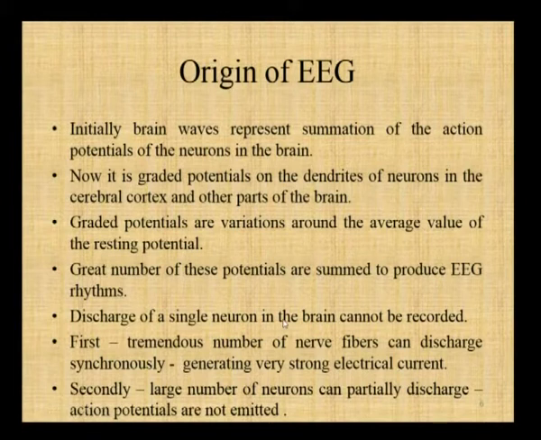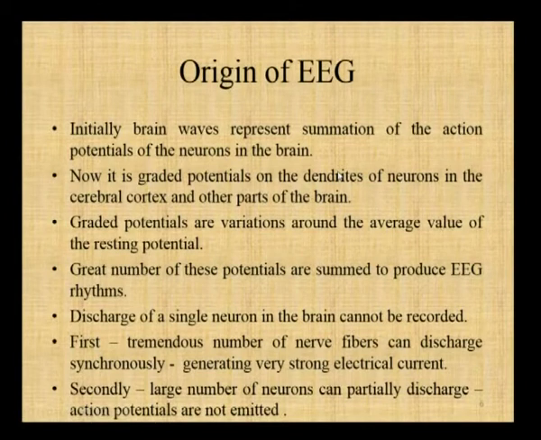Now we go to the graded potential. What is graded potential? When you pick up the brain waves, it is the summation of the dendrites of the neurons in the cerebral cortex. This produces the graded potential that is picked up by the electrode, and the average of the graded potential is produced at the output of the recording system.